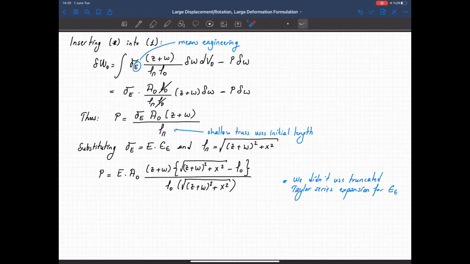We didn't say that initial length is very close to the final length. We didn't use the Taylor series expansion, and this is the expression that we will get. Now I will use 3 more formulations, and then I will compare. So this is our first formulation.